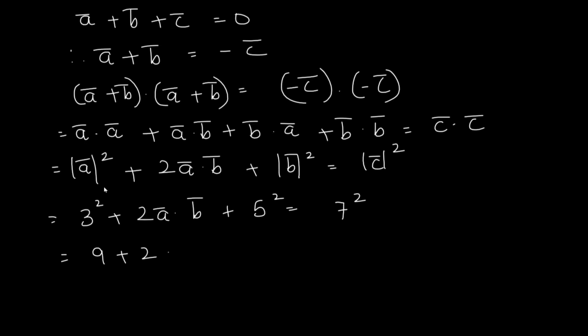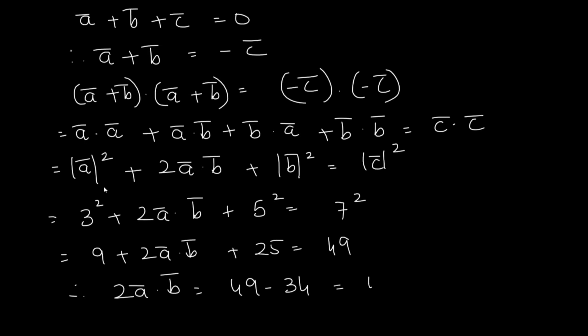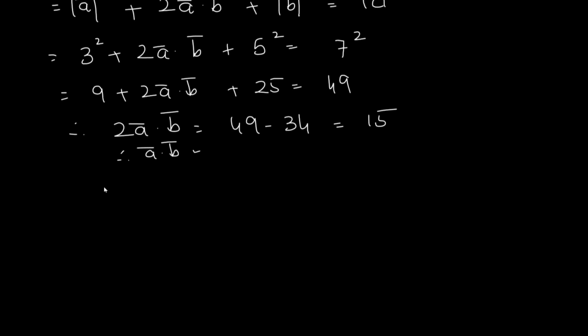Solving it further, we get 2 A dot B is equal to 49 minus 34, which is 15, and therefore A dot B is equal to 15 upon 2.